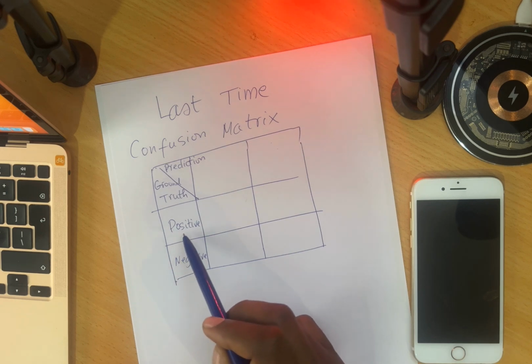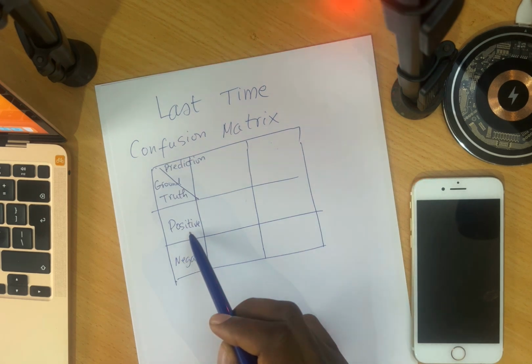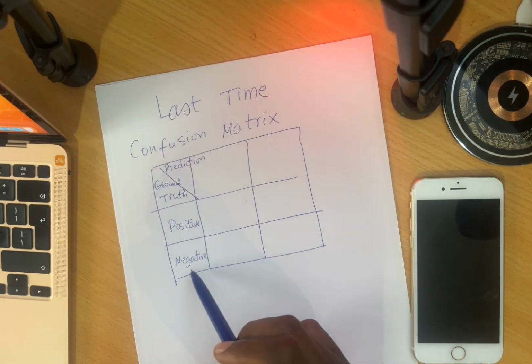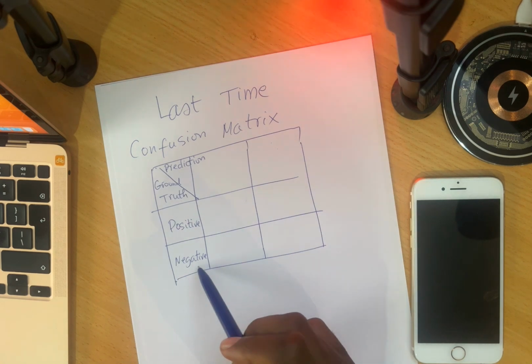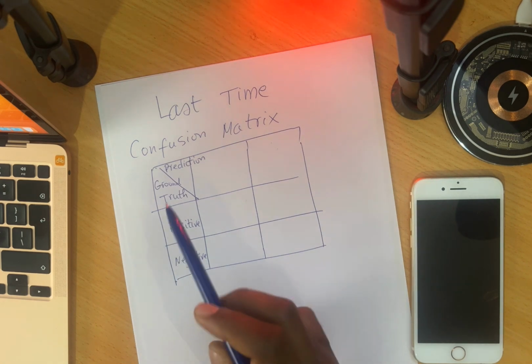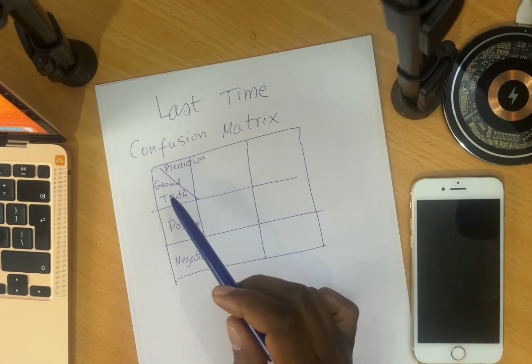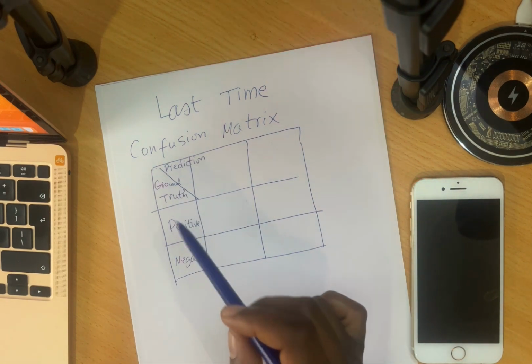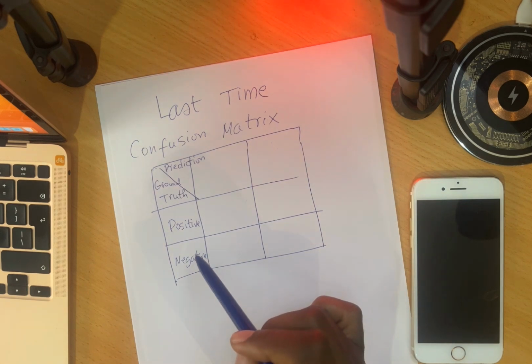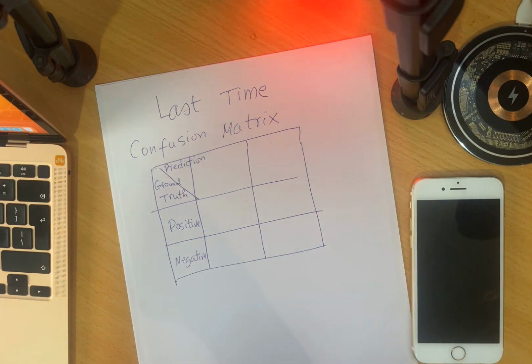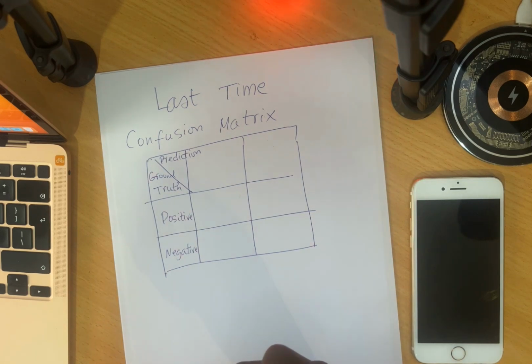Positive means the object is identified. Negative means the object is not identified. On the side of the ground truth, it means what a supervisor like us engineers can see, what we can identify with our eyes.